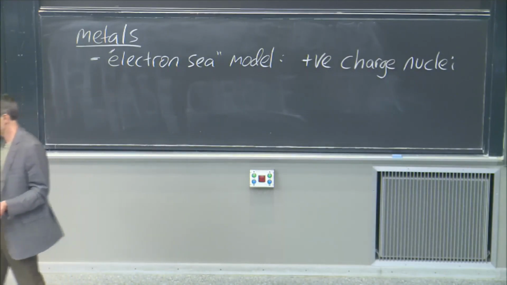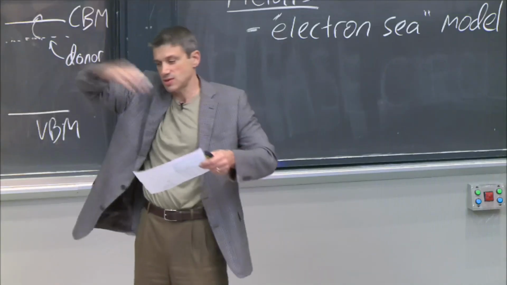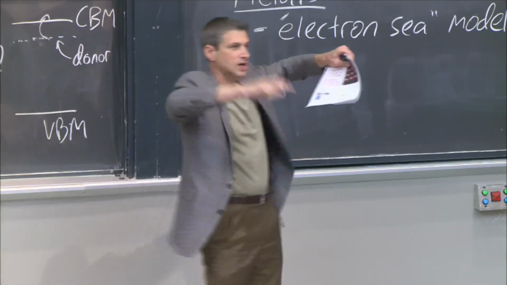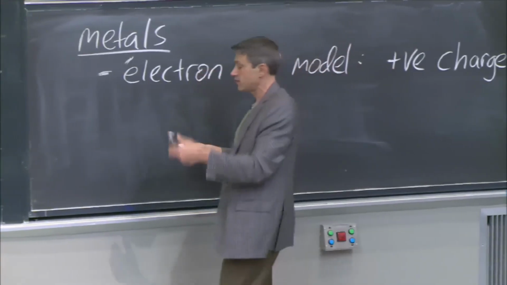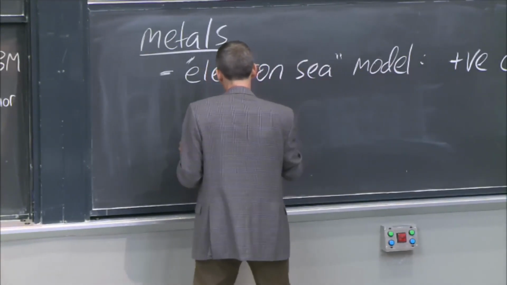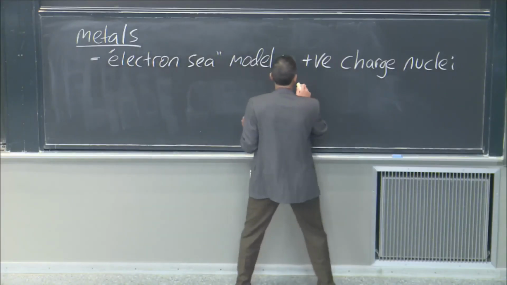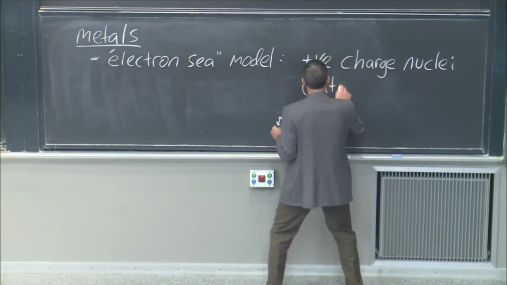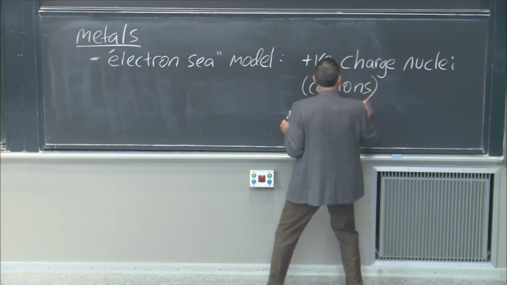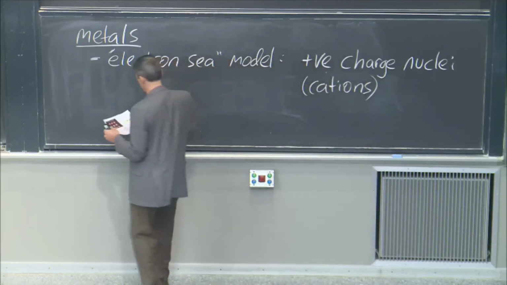Those outer ones have gone. Well, they're not gone because there's others around too, but they're all just kind of roaming free. And so you're left with these positive charges, right? And these are the cations. Positively charged nuclei are cations, right? And they're in a sea of electrons.